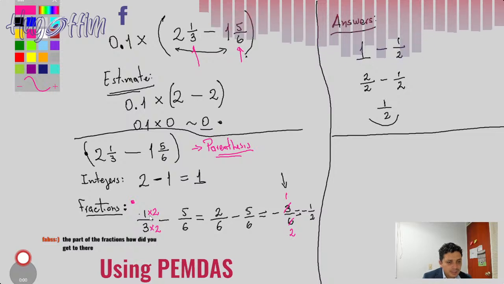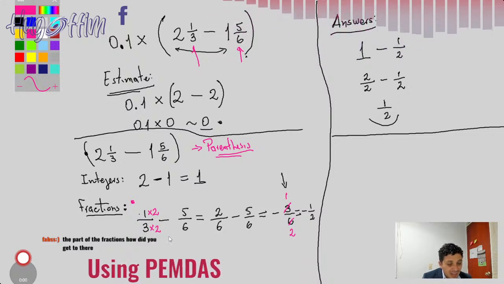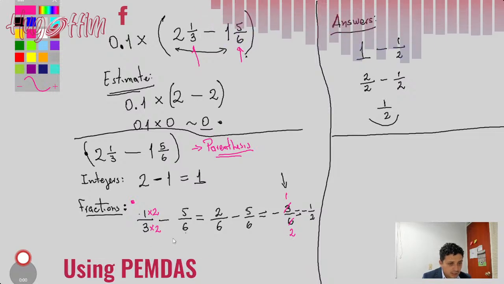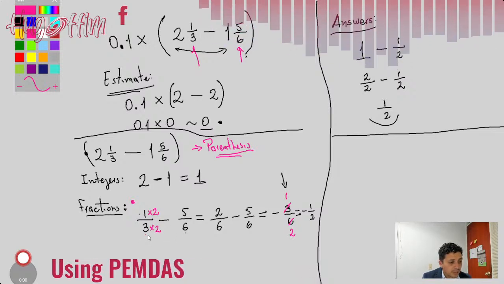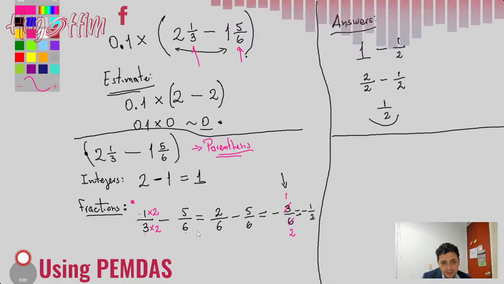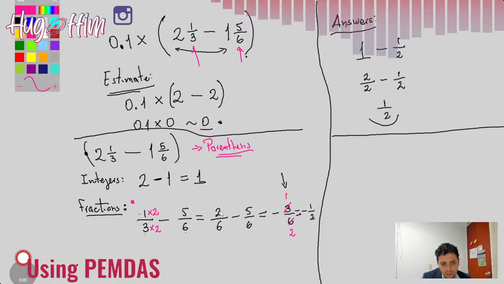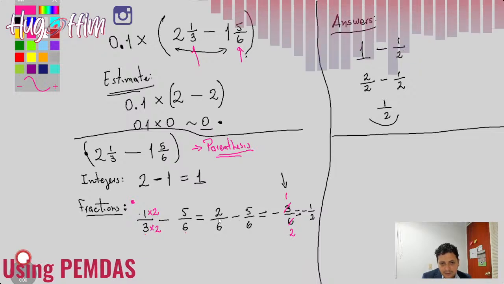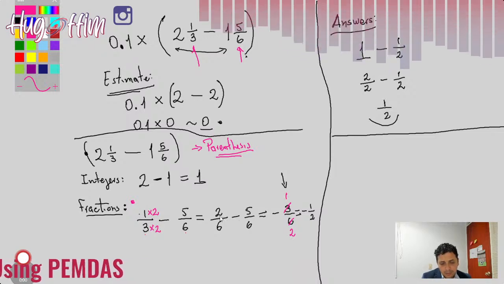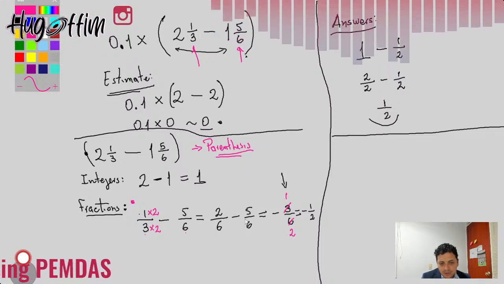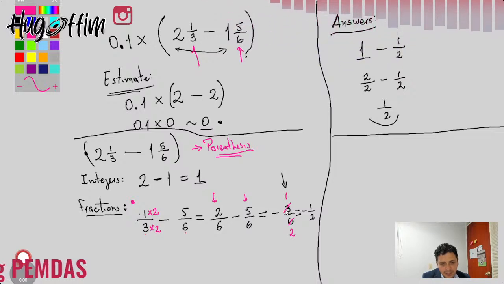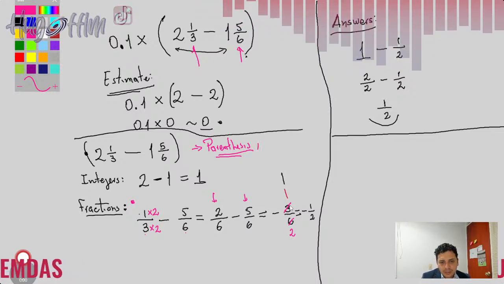1/3 minus 5/6. Now, common denominator is going to be 6, because 6 is a multiple of 3. So just multiply by 2. 3 times 2, 6. 1 times 2, 2. Now, after you get this, perform the operation. 2/6 minus 5/6. So it's numerators. 2 minus 5, -3. -3/6.